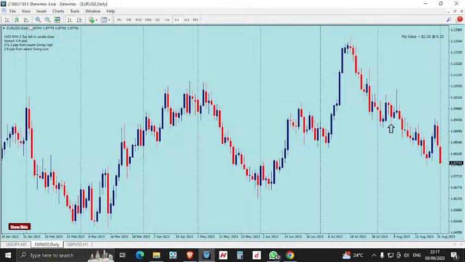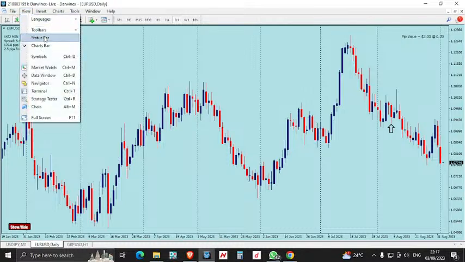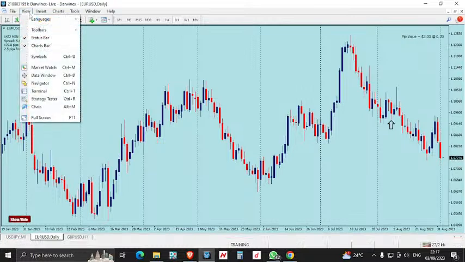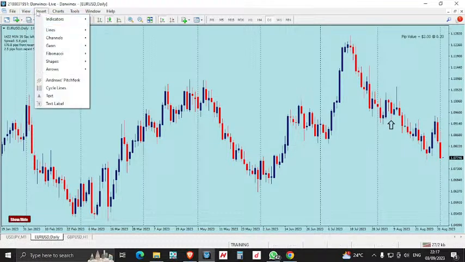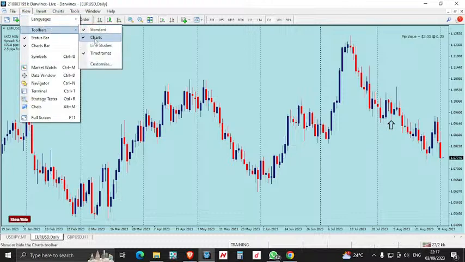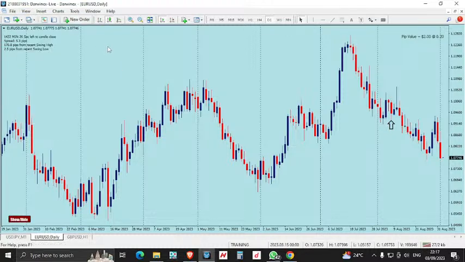The important patterns we need to talk about, just permit me to get some of the important tools activated, because I cannot see them. Okay, my standard bar chart is out now. Let me get my line chart. Good.